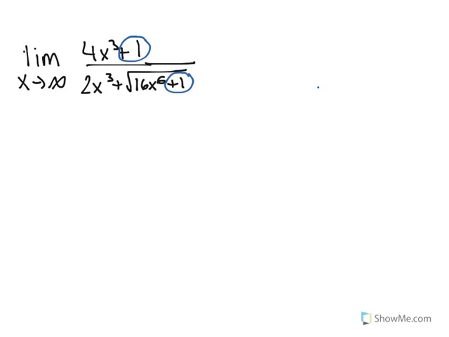Infinity is much, much larger than 1, so these plus 1s are minuscule compared to the 4x cubed and 2x cubed terms and the square root of 16x to the 6th term. This is just because we're taking the limit to infinity or also negative infinity.